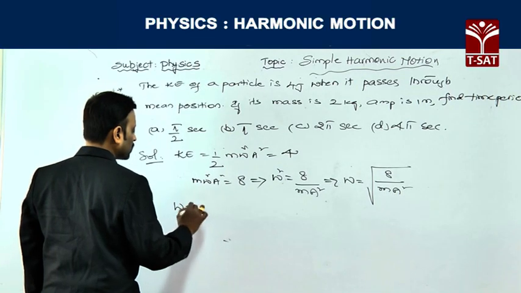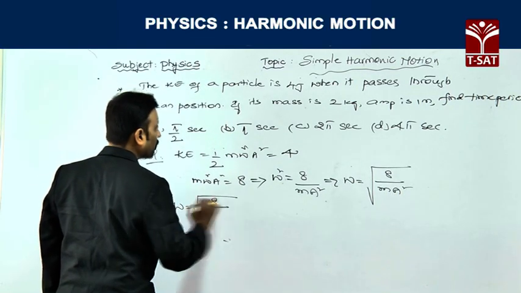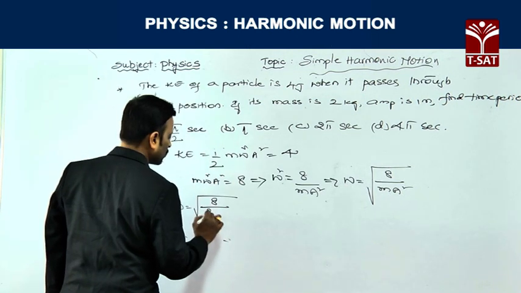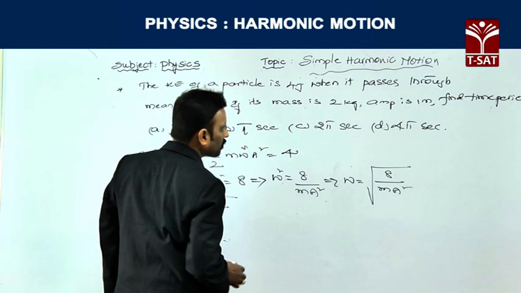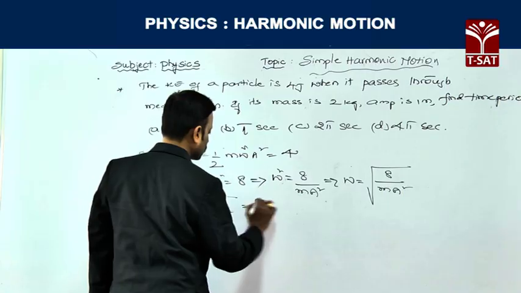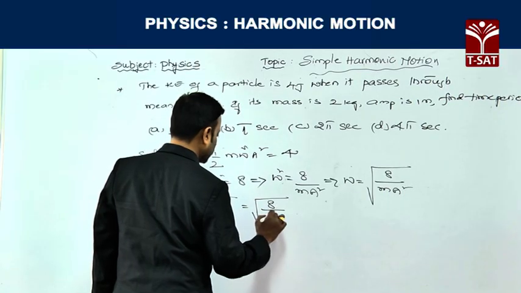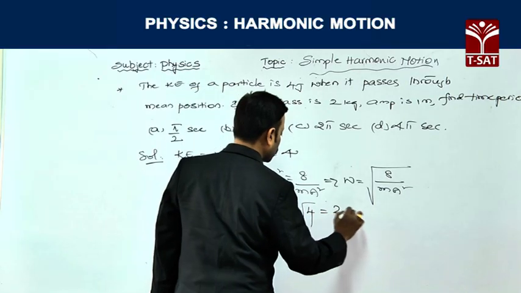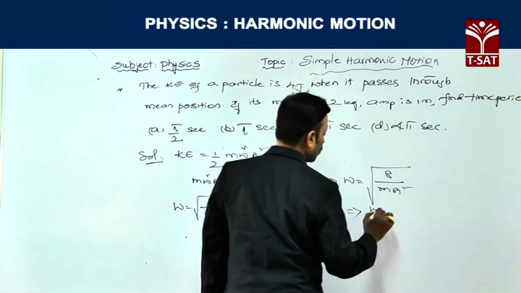Mass is given as 2 kg and amplitude is 1 meter. So 1 square, that is under root 8 by 2, that is root 4, that is 2.